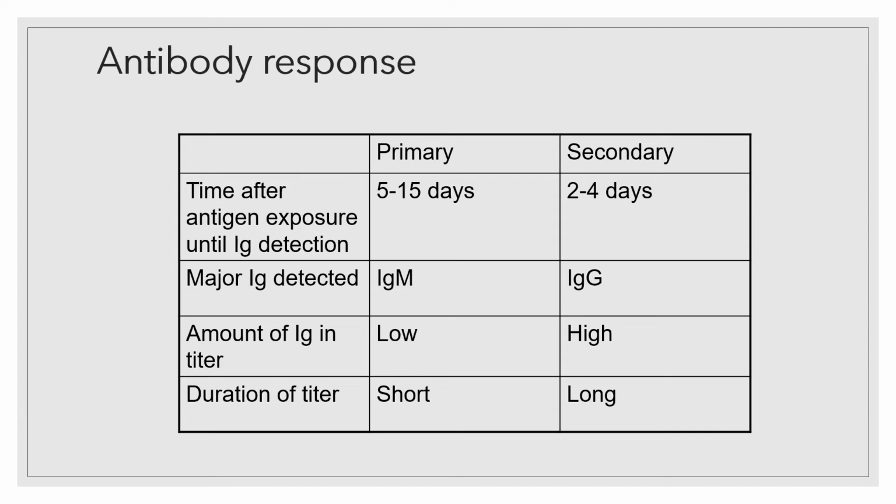The major immunoglobulin detected in a primary response is IgM, while the major immunoglobulin detected in a secondary response is IgG. The amount of immunoglobulin in the titer in the serum in a primary response is low, while you have a much higher titer in a secondary response. And then the duration of the titer will be short for a primary response and long for a secondary response.